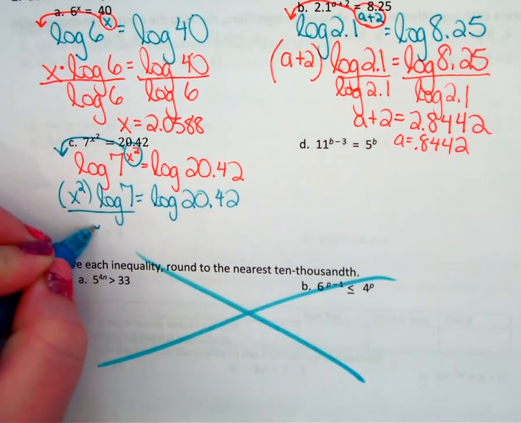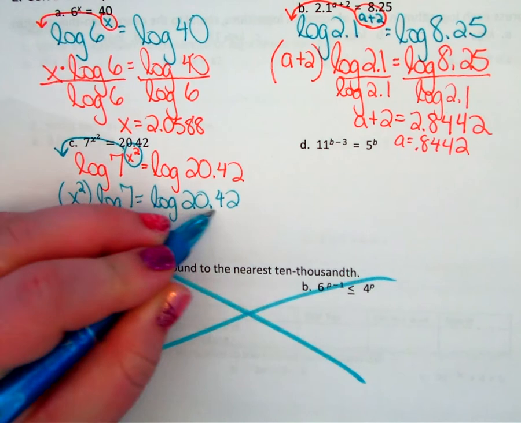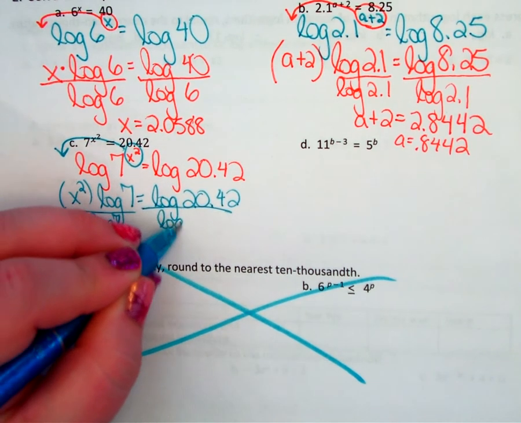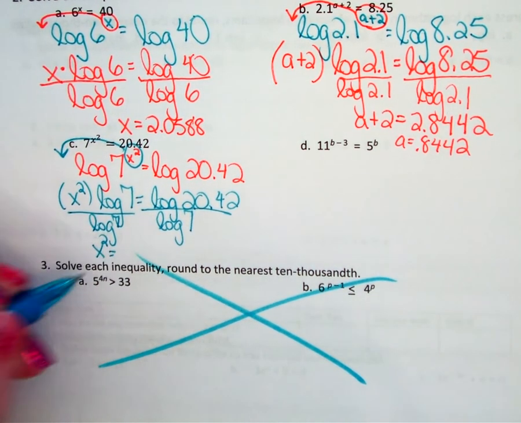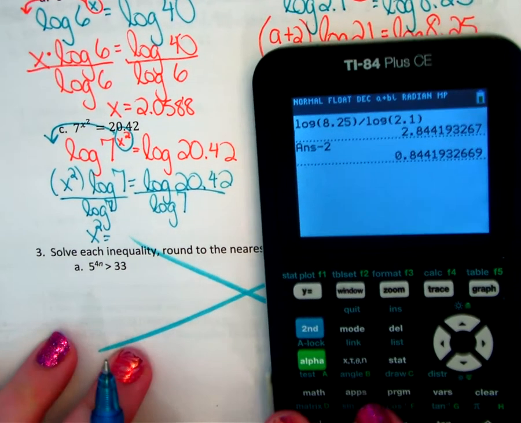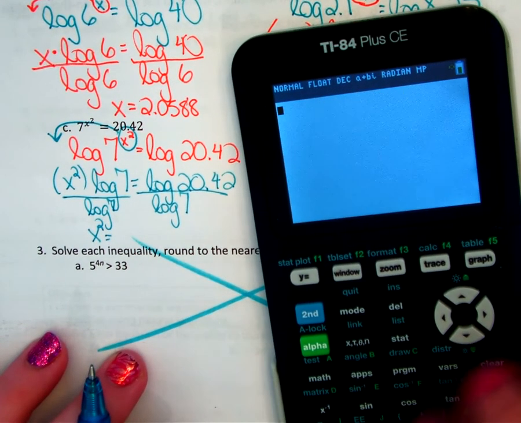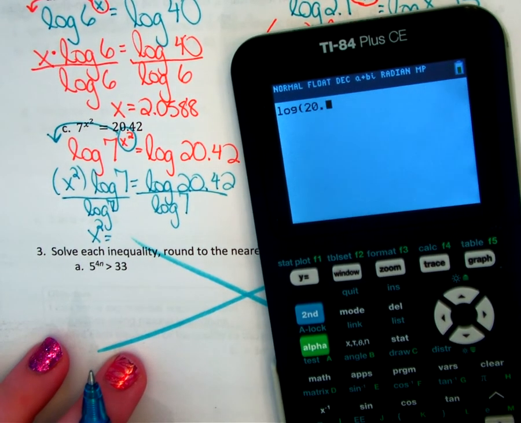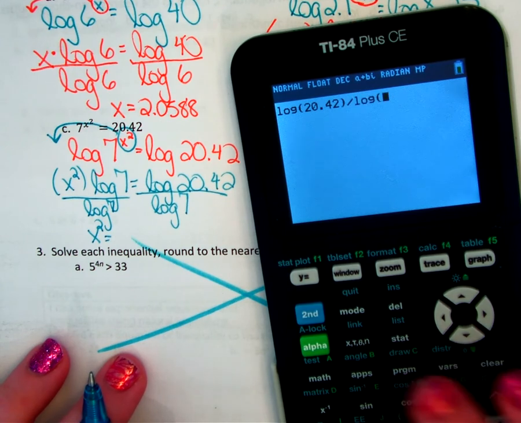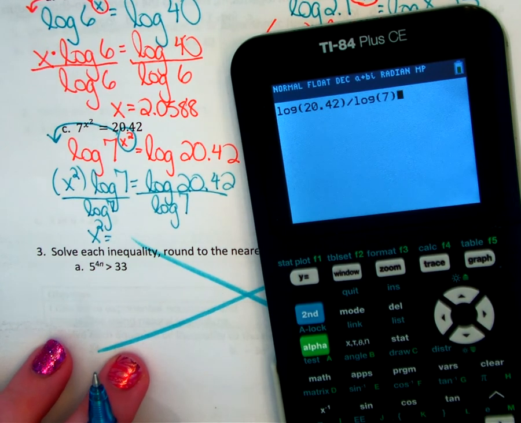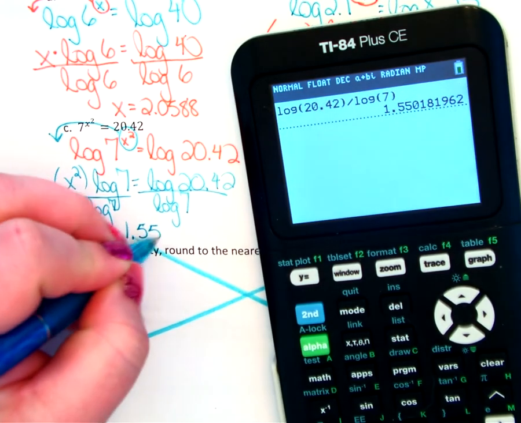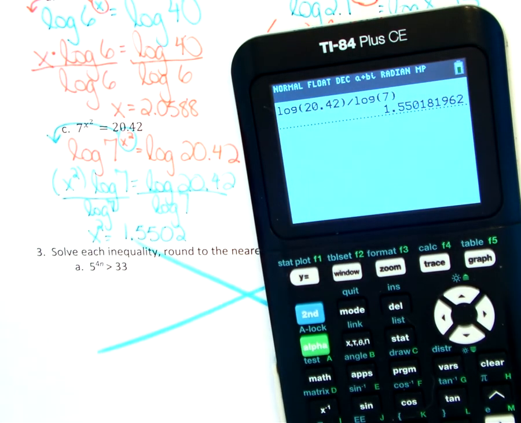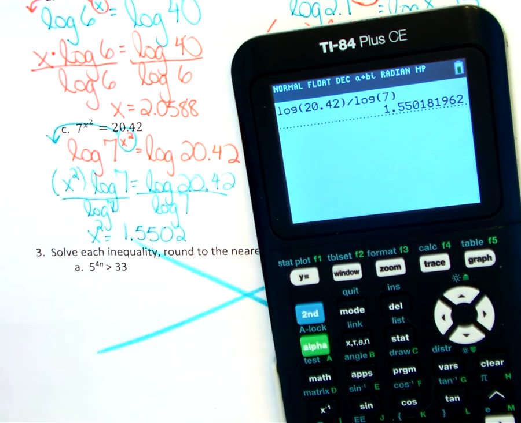In order to get that x squared by itself, I need to divide by log of 7. And that leaves me with x squared equals, on my calculator, log of 20.42, close your parentheses, divided by log of 7, 1.5502.